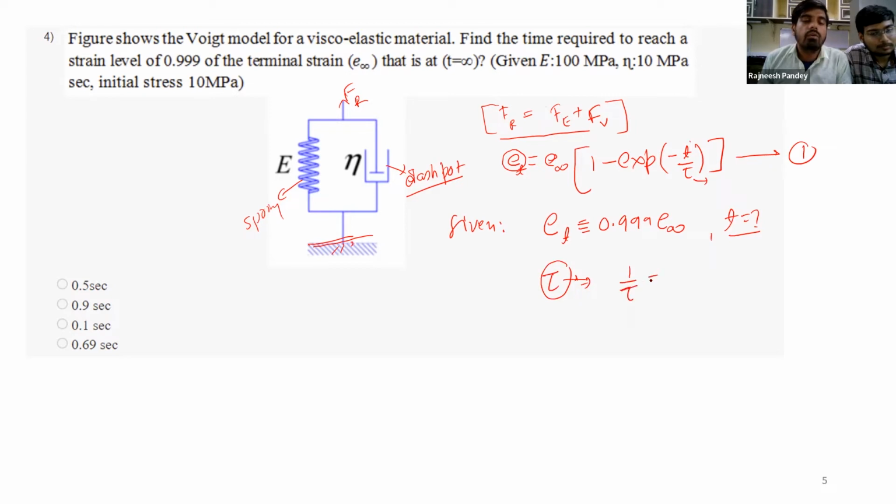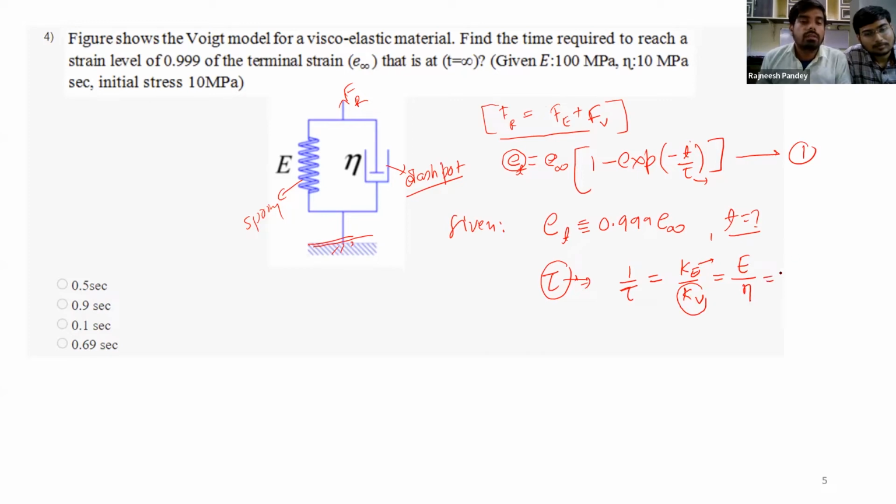The relation is 1 by tau equal to Ke divided by Kv, where Ke is the elastic constant of the spring, which is E, and Kv is for the viscoelastic material, corresponding to the dashpot constant, eta.